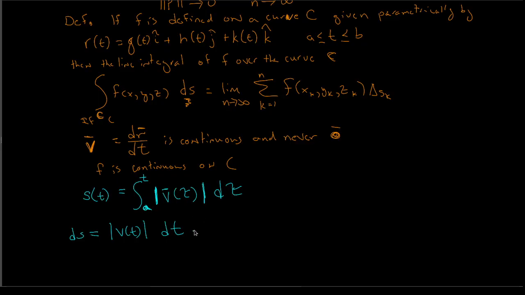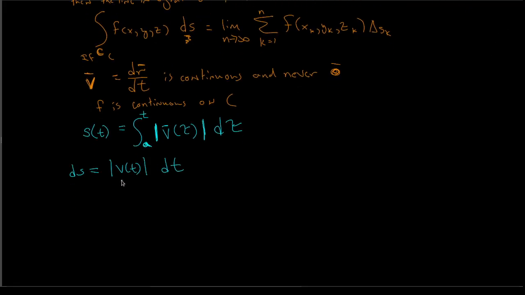And so we can evaluate in this parameter change. We're looking for the value of the function over the curve, which will be the parameterization from a to b of the functions that make up my position vector.